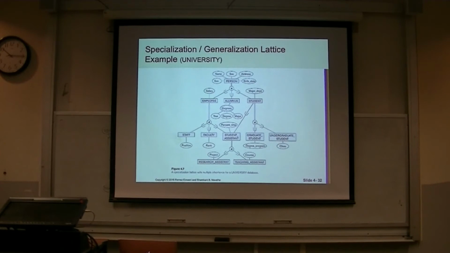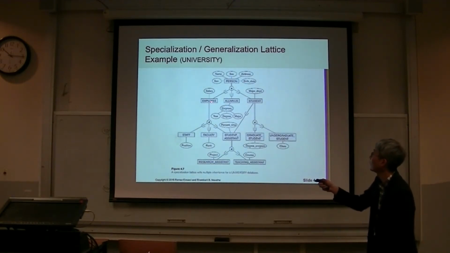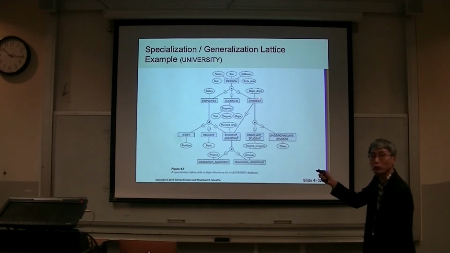Quick question. How many entities can you find here? One. Only one. This is from the person and inherit. How many super and subclass relationships can you find? Let's find together. 1. Okay, person, overlap, mandatory, and employee, alumnus, and student. This is one group.